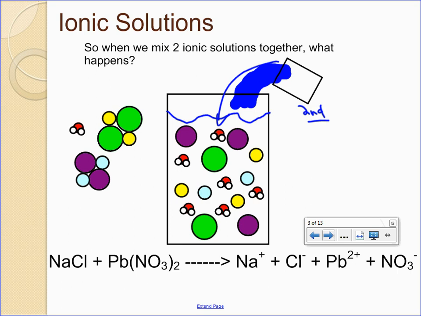So we have our first ionic compound that we talked about in the previous slide. We have our second ionic compound now that we are adding into that solution. When we add those two ionic compounds together in solution, each of them will dissociate into their respective ions. And from there, we need to figure out, is a reaction going to happen now? Are we going to form a new product?